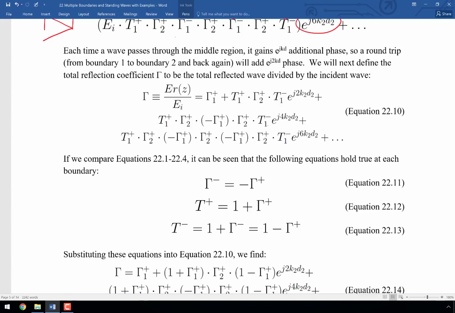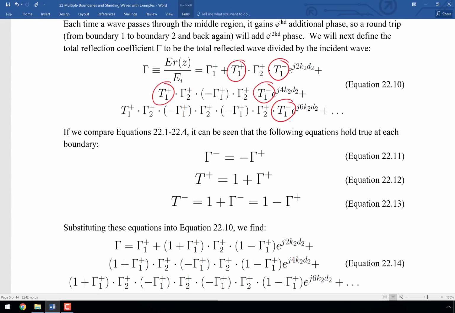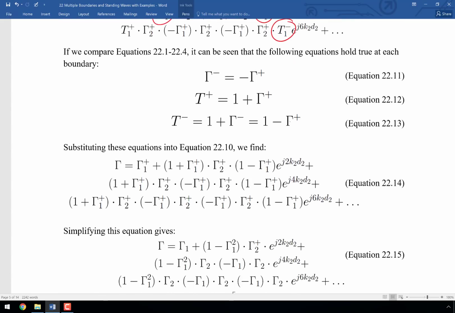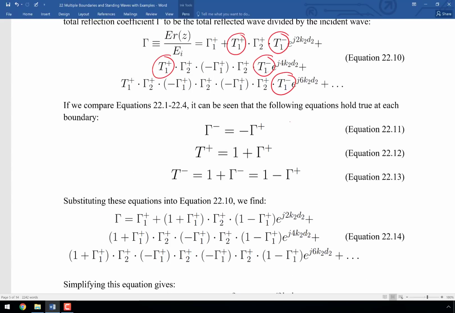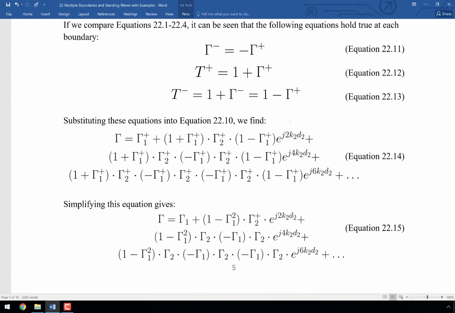So up here, everything that's not gamma in the positive direction is going to end up being replaced by gamma in the positive direction. So I can substitute equations 22.11, 12, and 13 into 22.10, and I end up with 22.14.